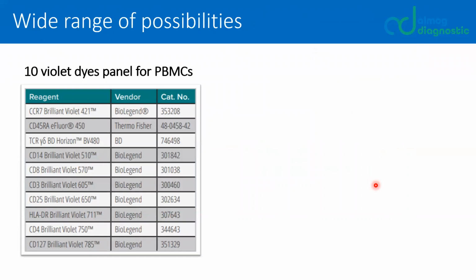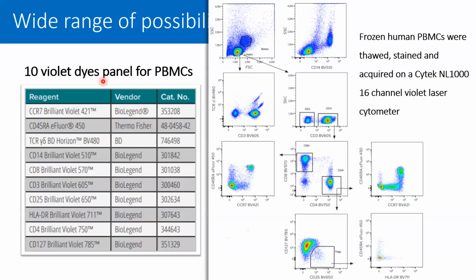In spectral flow, there is a wide range of possibilities. With spectral cytometry, the paradigm has changed. You don't have to think anymore of how many lasers you have. Instead, you can ask yourself how many markers you want to analyze in one tube. Here in this example, we have a panel of 10 violet dyes that have been used to stain PBMCs.